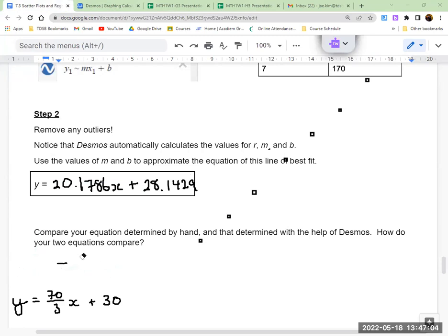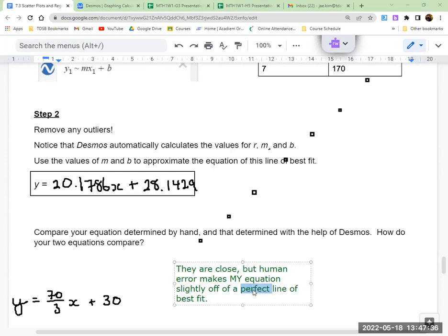Question: could you compare your equation determined by hand, which is this one right here, and the one determined with the help of Desmos? How do your two equations compare? They are close, but human error makes my equation slightly off of a perfect line of best fit.